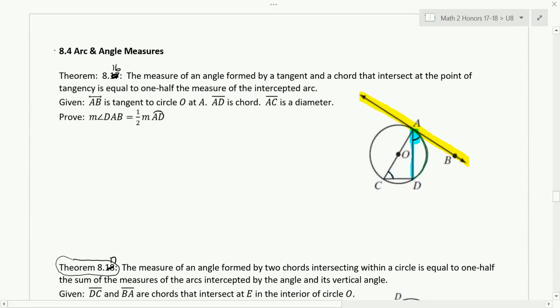So we're working towards that. Keep thinking, try to come up with something, but I'm going to start giving a few preliminary things before that. What can we say about the measure of angle CDA? The right angle, 90 degrees. Why?